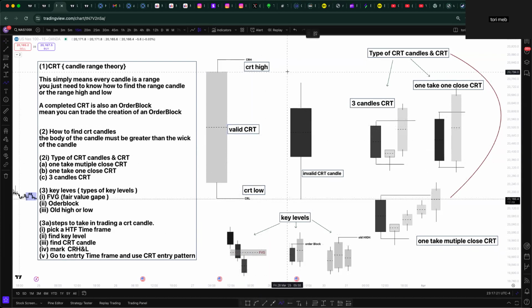So what is a range? A range is something like this. You could have this, this, this, and this. The lowest part is the range low, and the highest part is the range high.